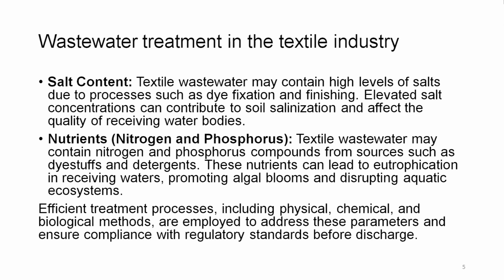Efficient treatment processes including physical, chemical and biological methods are employed to address these parameters and ensure compliance with regulatory standards before discharge. So, these are major parameters which need to be removed.